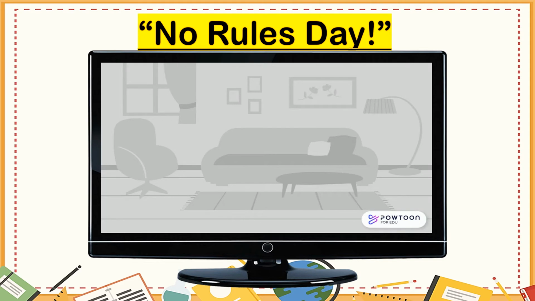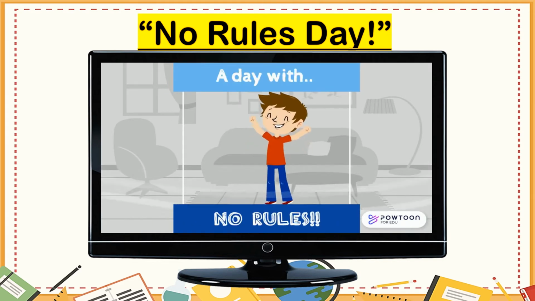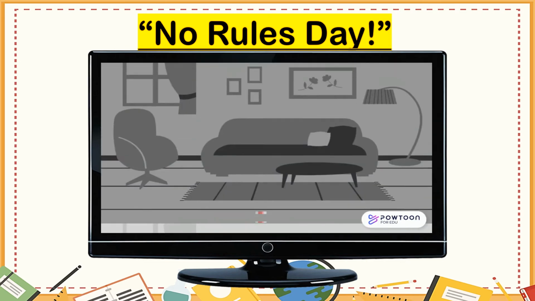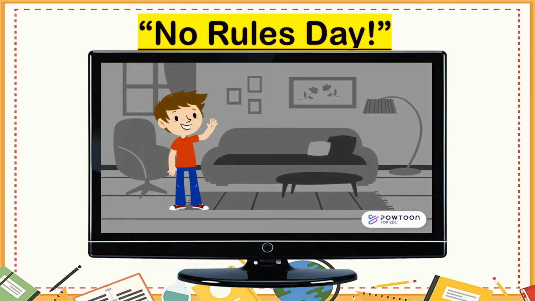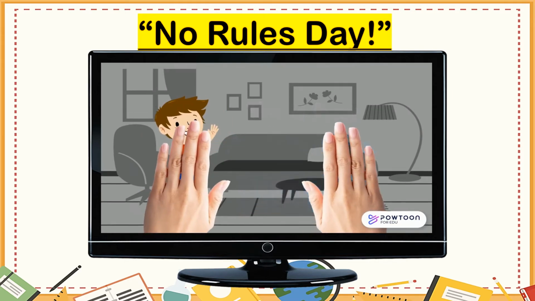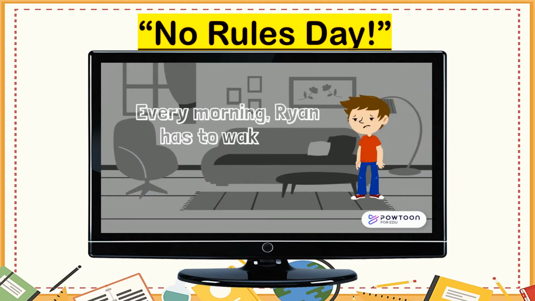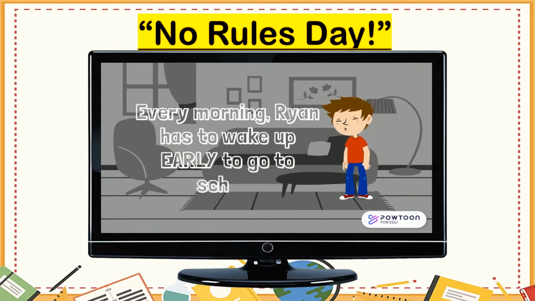This is a story about a day with no rules. Hi, this is Ryan, and he hates rules. Every morning, Ryan has to wake up early to go to school.